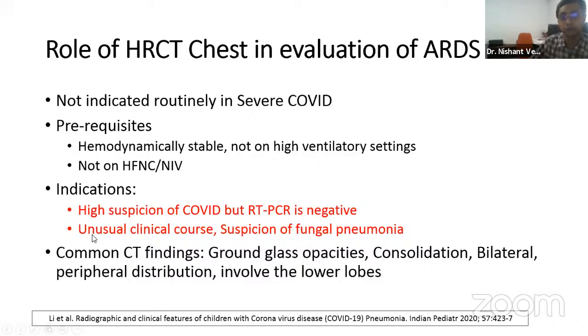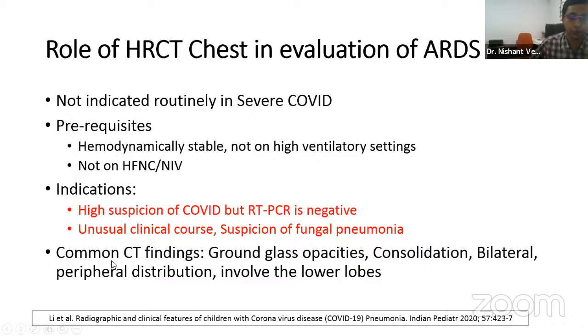So in such, if the child is not responding to your treatment, his or her radiological parameters on X-ray are worsening, then you may consider doing a CT, but it is not indicated routinely. And if CT is not available at your center, it should not deter you from managing children with COVID. You can still manage them with the care which you have at your center.